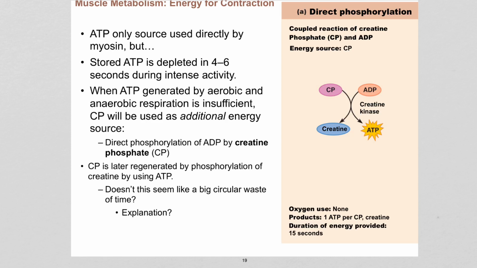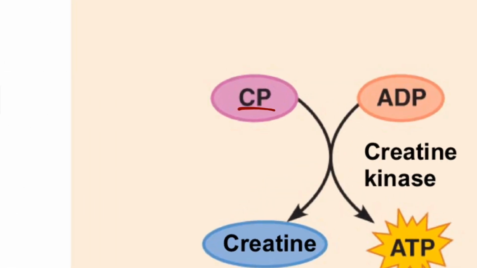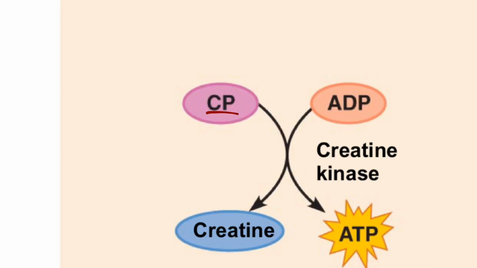Last thing. So myoglobin was basically oxygen backup for aerobic respiration. Creatine phosphate is basically phosphate backup. In a way it's not actually anaerobic respiration, but it's similar. And the idea is creatine phosphate, which they're abbreviating CP, can take its phosphate, hand it off to ADP to make ATP.